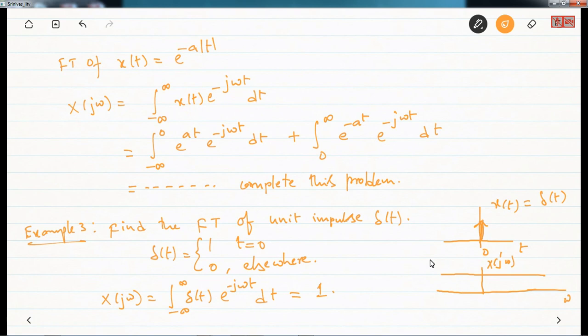So from here it is understood that the spectrum of a unit impulse delta of t contains equal contribution from all the frequencies from minus infinity to plus infinity, right? That's how we got the Fourier transform of delta of t equal to 1.